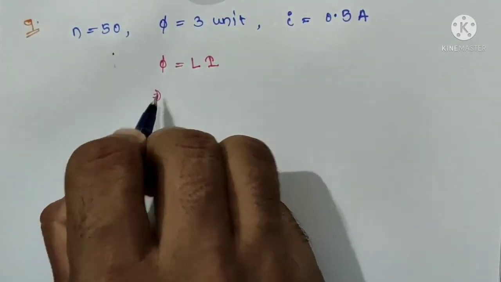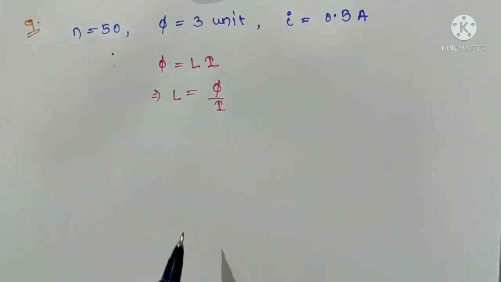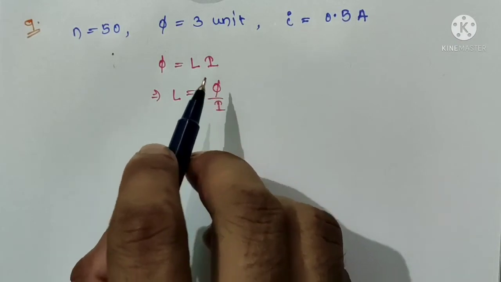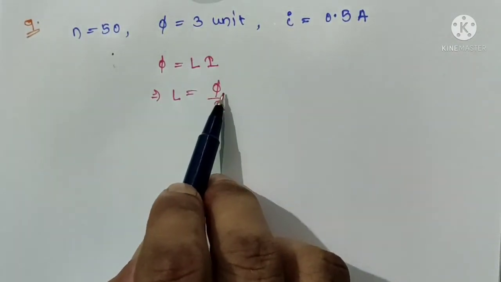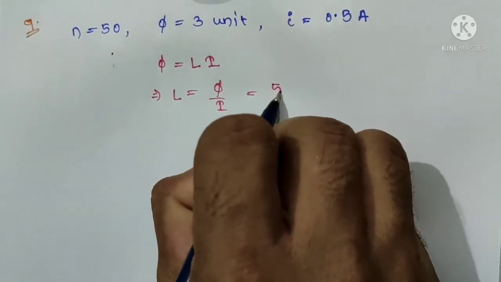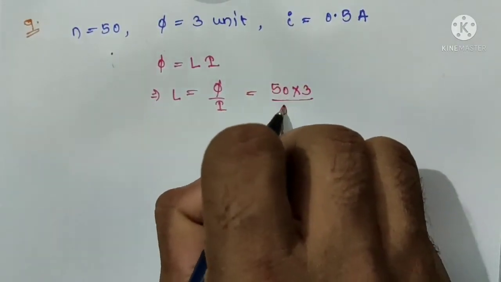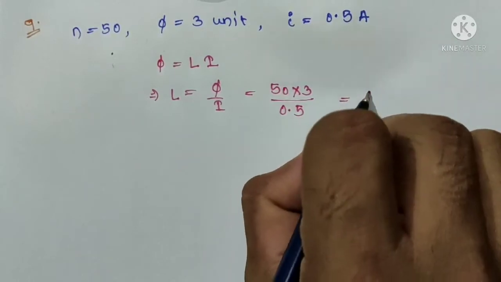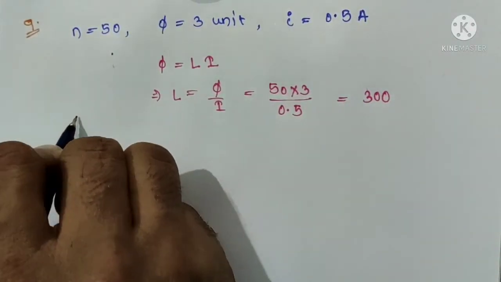So from here L equals to phi by I. Phi is the total flux and I is the current. तो देखो यहाँ पर जैसे कि टोटल फ्लक्स 3 नहीं होगा, अगर एक ही टर्न होता तो हम सिर्फ 3 लिख लेते, लेकिन देयर इज 50 टर्न्स. सो टोटल फ्लक्स विल बी 50 times 3 by current 0.5. सो ये कैलकुलेट कर लो, ये आएगा 300. So your correct option is option C.